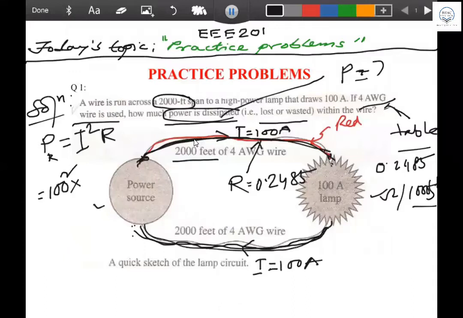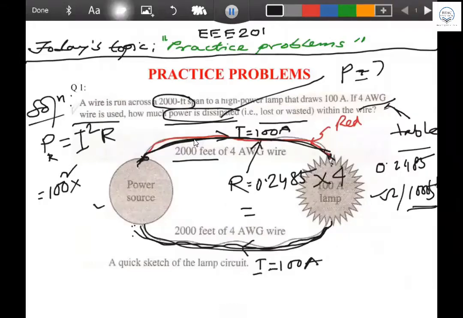So altogether 4000 feet is the total length of the conductor. So 2000 plus 2000 is 4000. It is for 1000, but you have to go for 4000, so you have to multiply by 4. Your friend multiplied it by 2, and I think most of you made the same mistake.